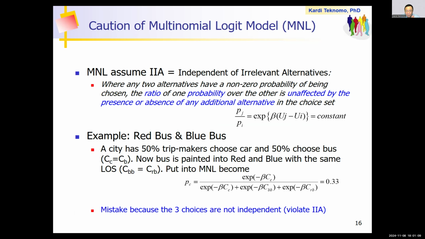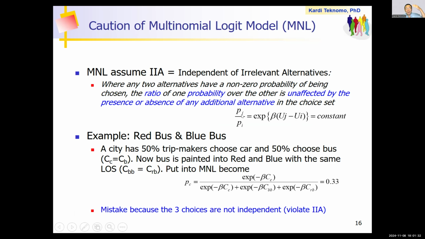It says that when any two alternatives have non-zero probability of being chosen, the ratio of one probability over the other is independent and unaffected by the presence or absence of any additional alternative in the set. So the alternatives must be independent.